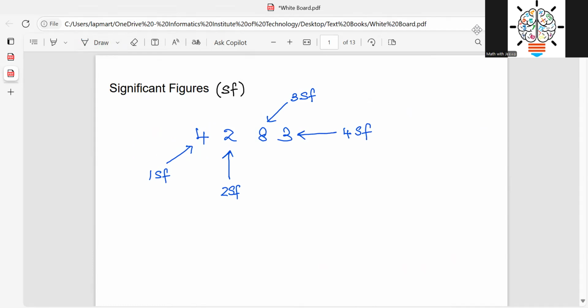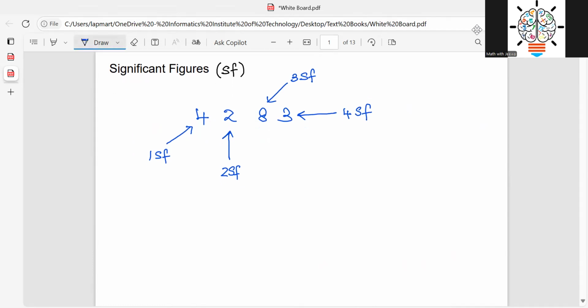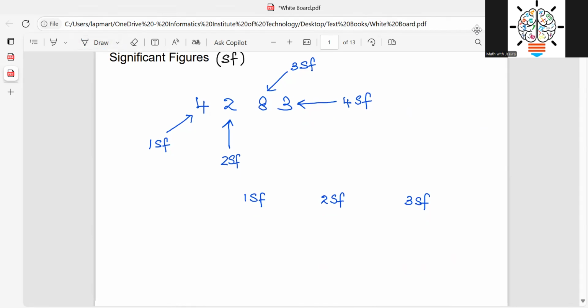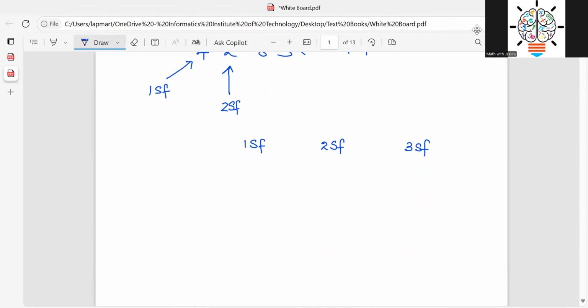Now, I will give you a note. You want to write what is the first significant figure, the second significant figure, and then the third significant figure like this. I'll give you a few numbers. Let's say we have 2053.